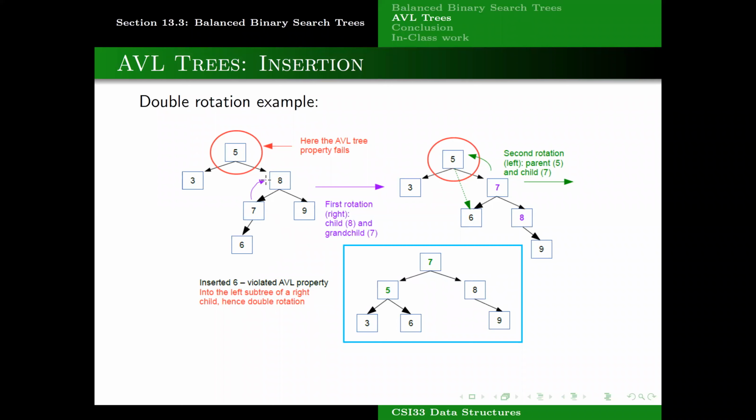So we undid this step to the left, and then we will undo this step to the right, right? So we will be grabbing the 7 and we will be turning the tree to the left. So the 7 will replace the 5. This time 7 has a left child, so it will change the parent. 5 will become its parent, right? And then 7 will be the root of the tree.